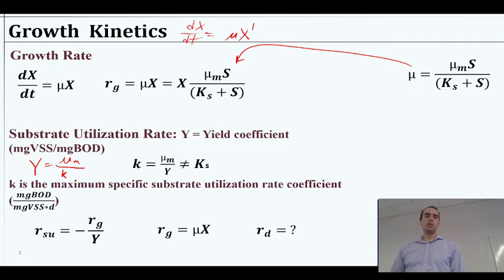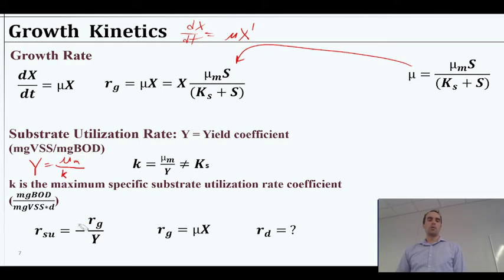So the yield coefficient, by the way, is going to have units of milligrams VSS, so the amount of mass per the amount of food. So mass per food, right? If the units are mass per food, then to convert from the growth to the substrate utilization, we just need a negative and to divide by that mass per food.